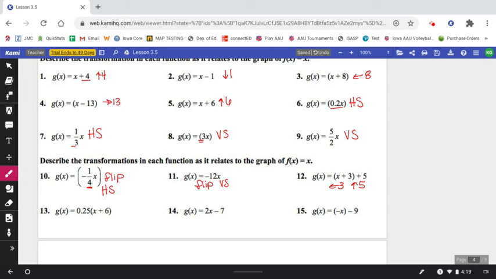Number 13 has a number between 0 and 1 out front, which is a horizontal stretch, and a number added inside, which is left 6. Number 14 has a vertical stretch because of the 2 multiplied out front, and also down 7. Number 15 has a flip because of the negative sign out front, and also down 9.